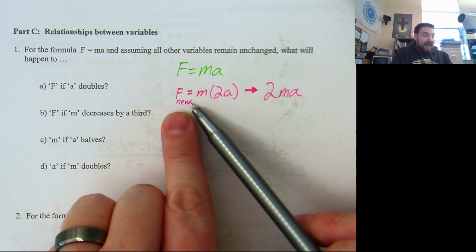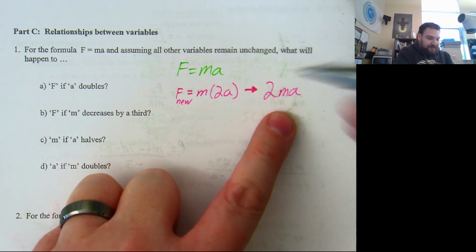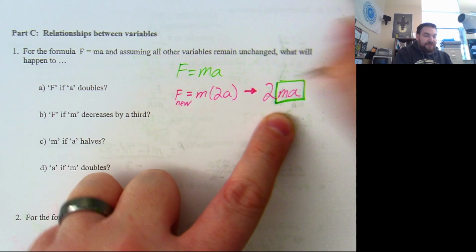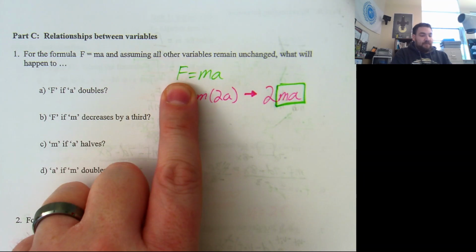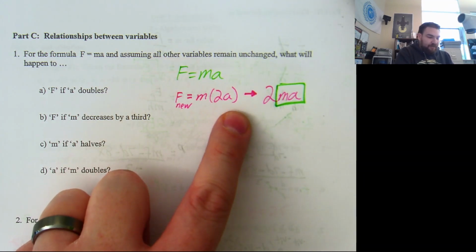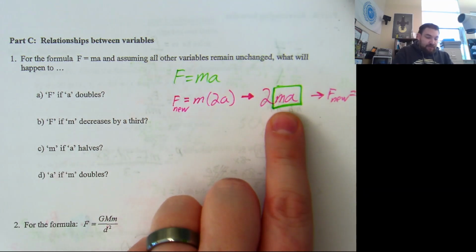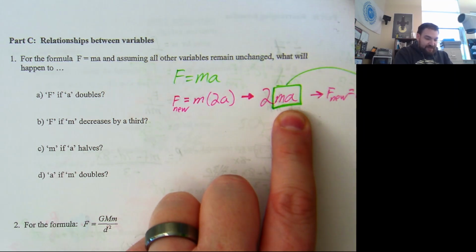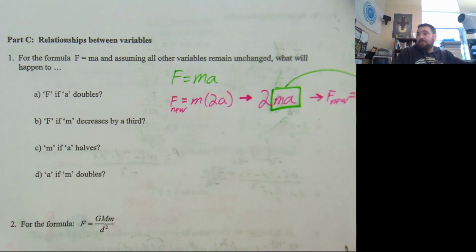So this new F is going to equal 2 times MA. But if you look at where this comes from, what is this? What did we say MA was equal to earlier? We said it was equal to F. So then F new is actually going to equal 2 times our original force.